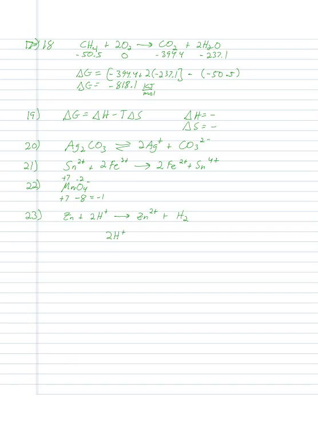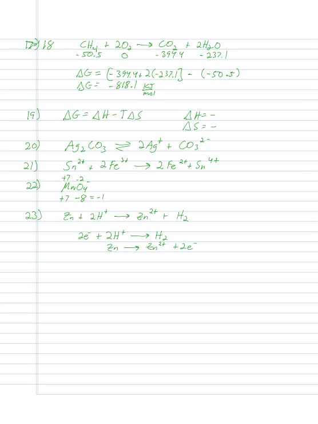We've got 2H+ going to H2, and we've got zinc going to Zn2+. The only thing we really need to balance here are the charges. So I need to have 2 electrons here, and I need to have 2 electrons here.